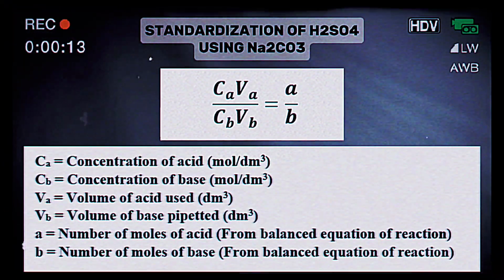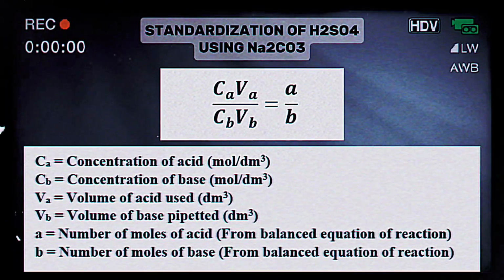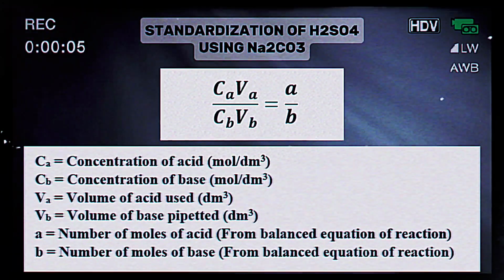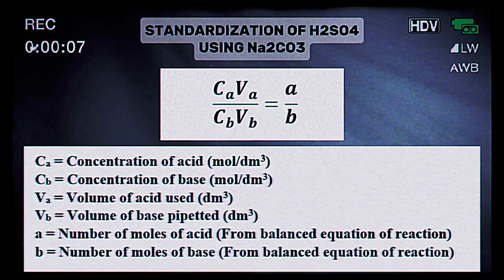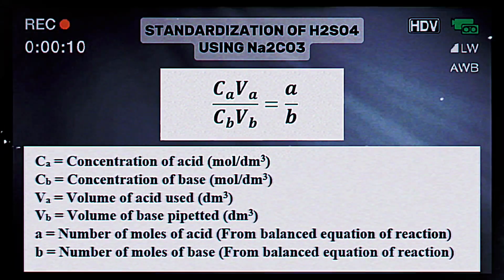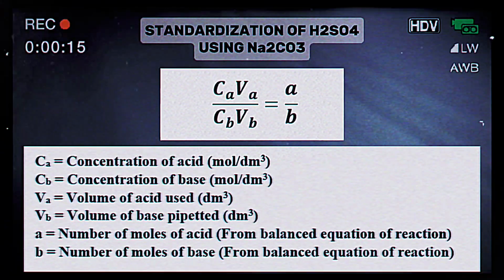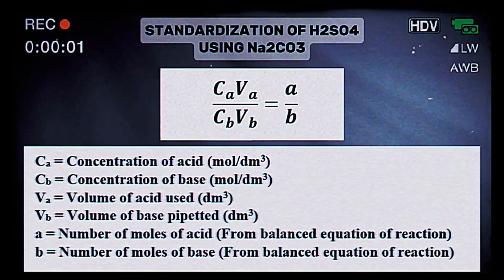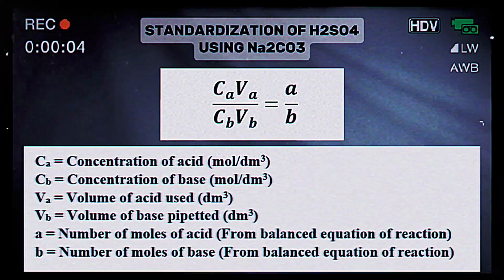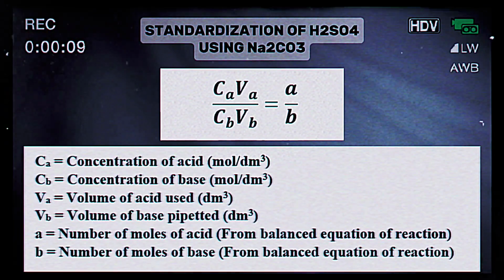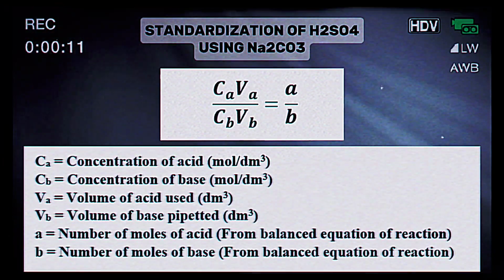So VB is the volume of the base. That's the volume you've taken, and it's dependent on the volume of the pipette that has been given to you. You would be given a 25 cm cube or 50 cm cube, as the case may be, whichever you're given. So that would be serving as the volume of base that you'll be taking for this titration.